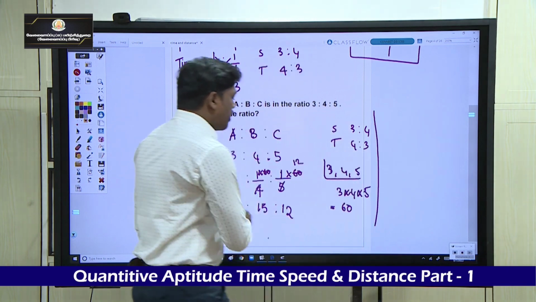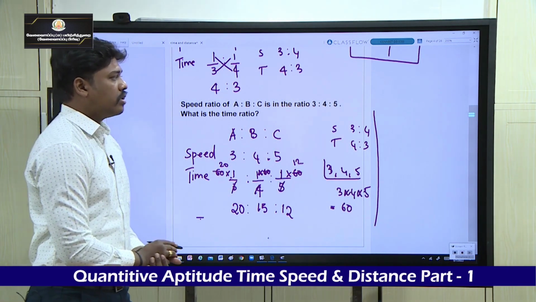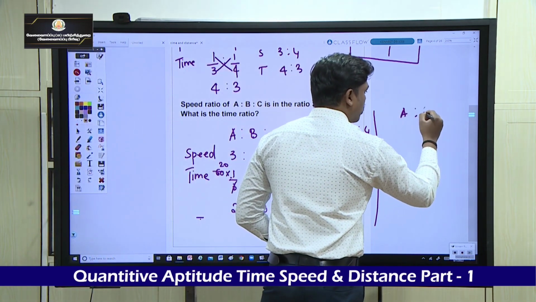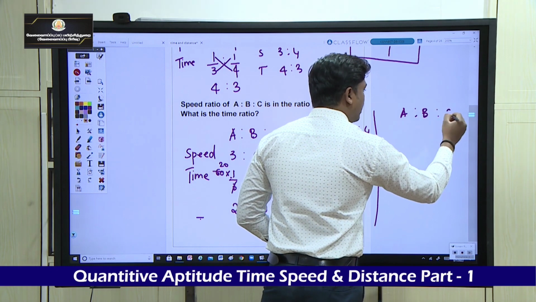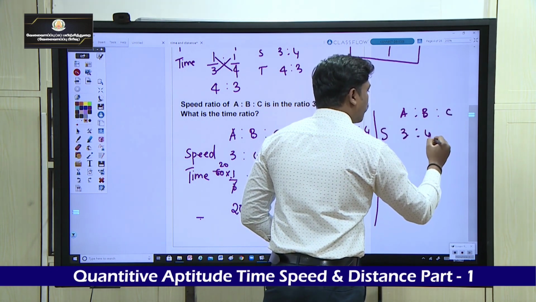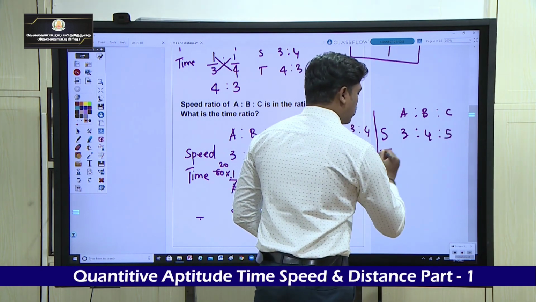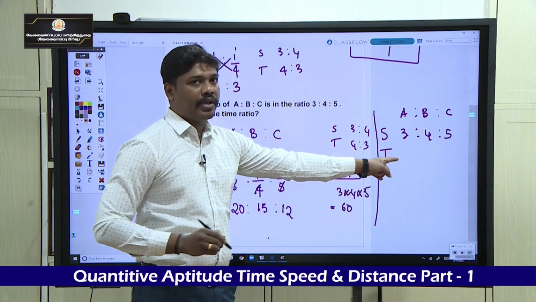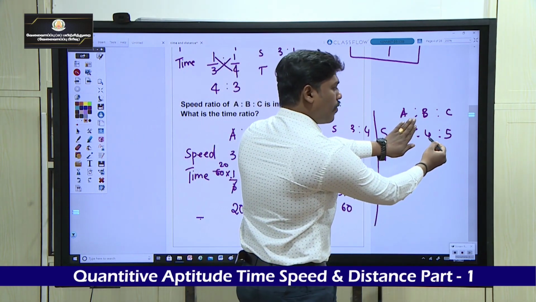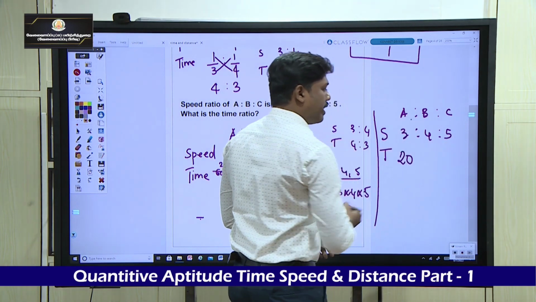This is the basic method to find the time ratio. Now I am going to tell you a shortcut. A:B:C, the speed ratio is 3:4:5. What is the time ratio? To find the time ratio of A, hide the value of A and multiply 4 and 5, 4 into 5, 20.